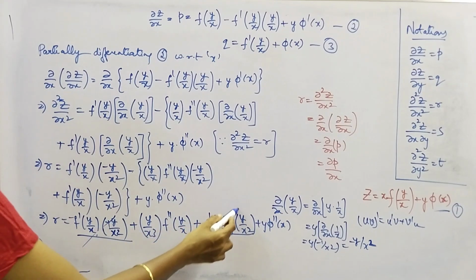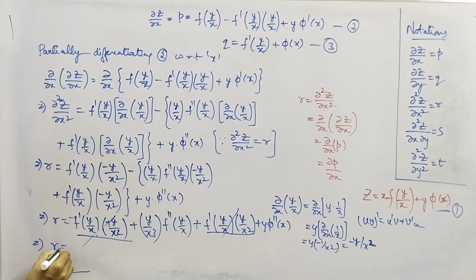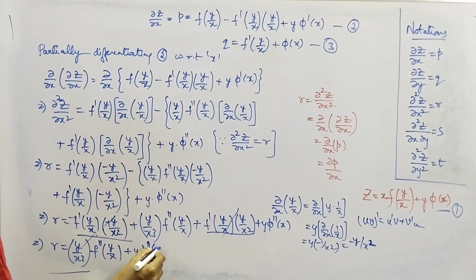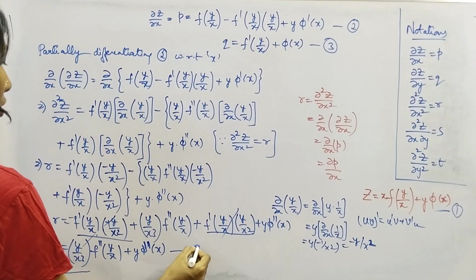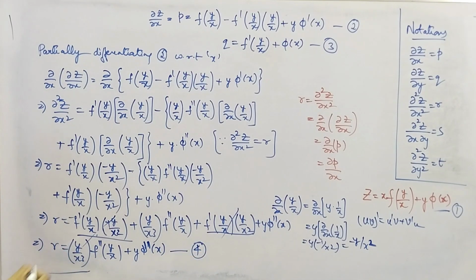You can cancel these two and you'll get r equal to y/x³ into f''(y/x) plus y into φ''(x), right? It's double dash. Consider this as equation number 4. See, this equation involves r.